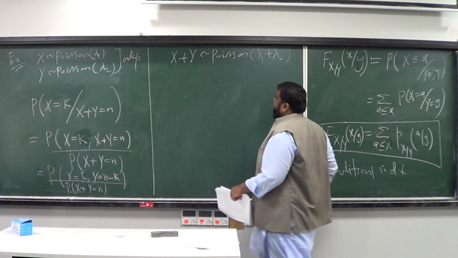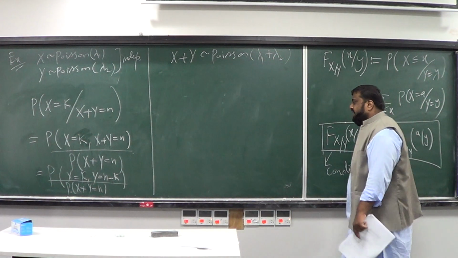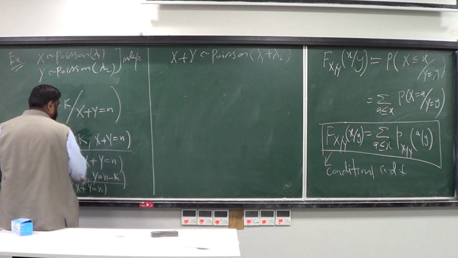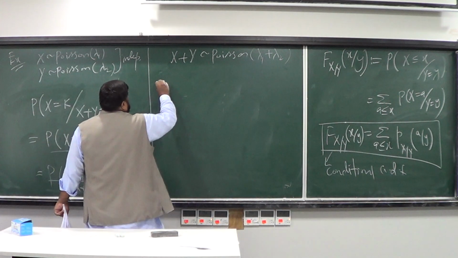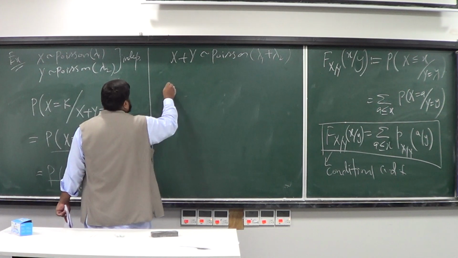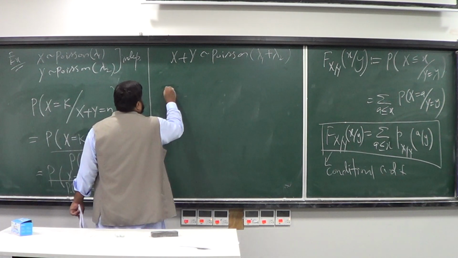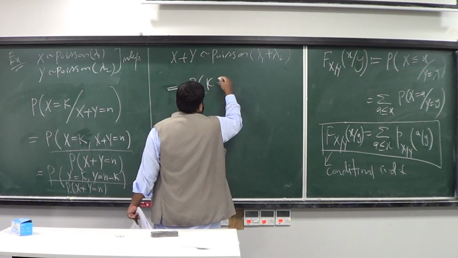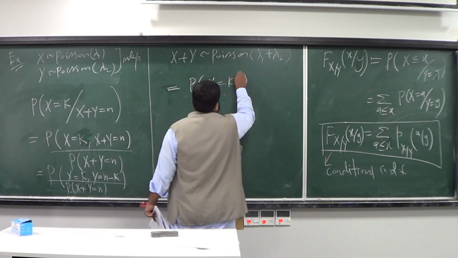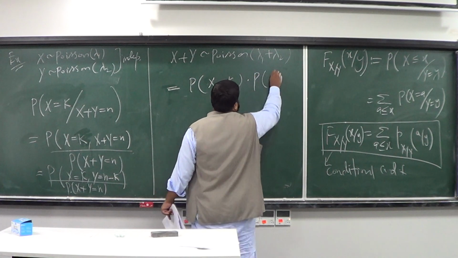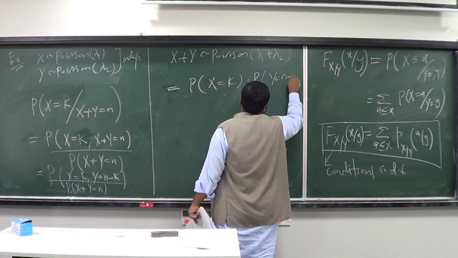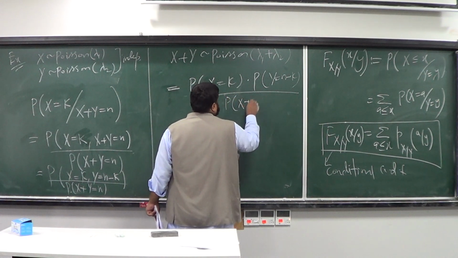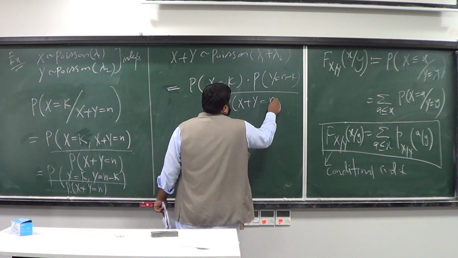In other words, they are both averages. Okay? And now, since these two are independent, I can rewrite this probability as the probability of X equal to k times the probability that Y equals n minus k, divided by the probability that X plus Y equals n.